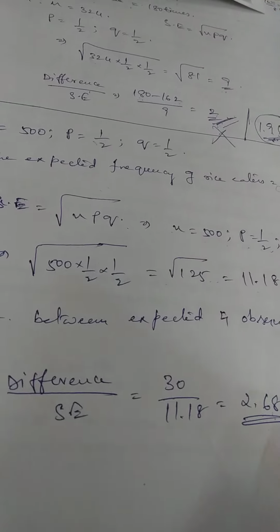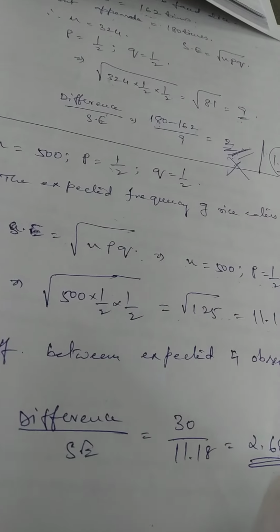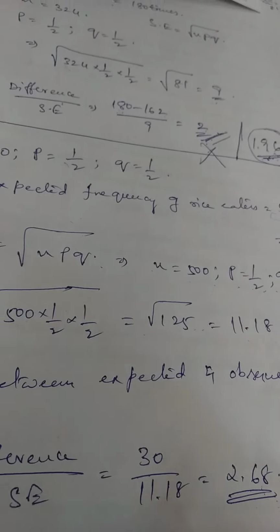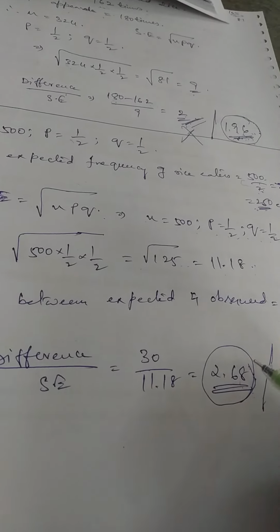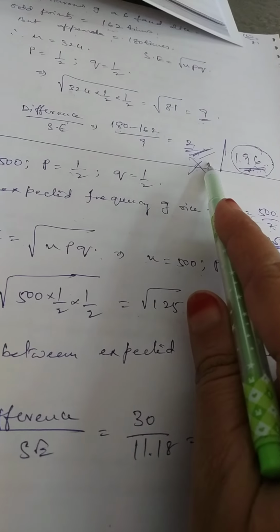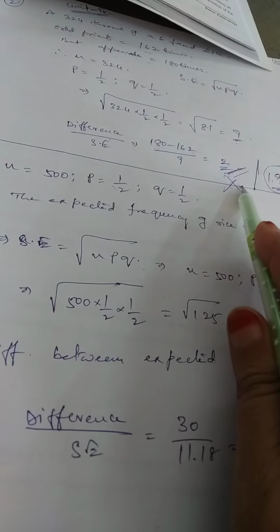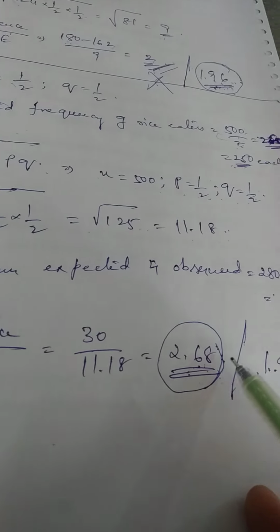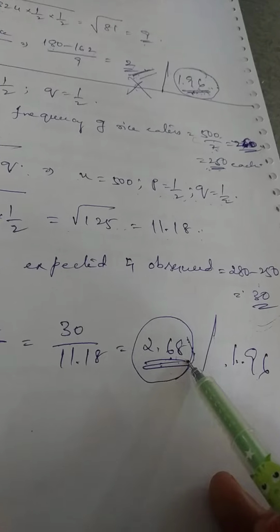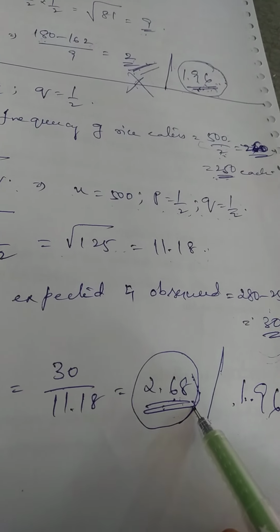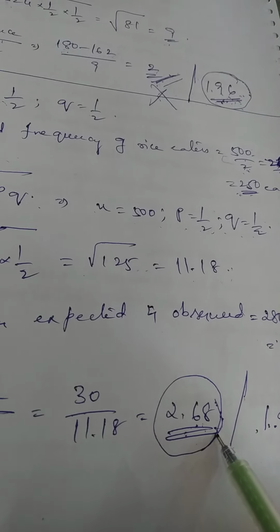So this hypothesis is tested negative. Compared to problem number 1, in problem number 2 you got 2, which is just above 1.96, and even then the hypothesis was rejected straight away. Now in problem number 3 the value is 2.68, which is more compared to your standard parameter.